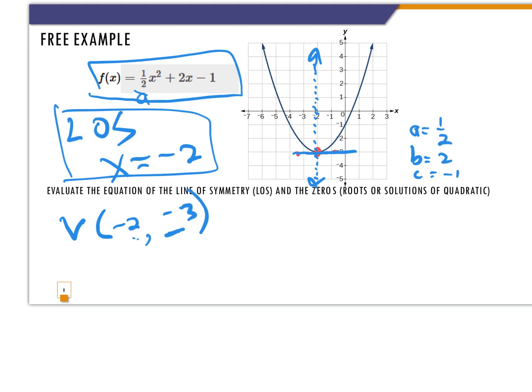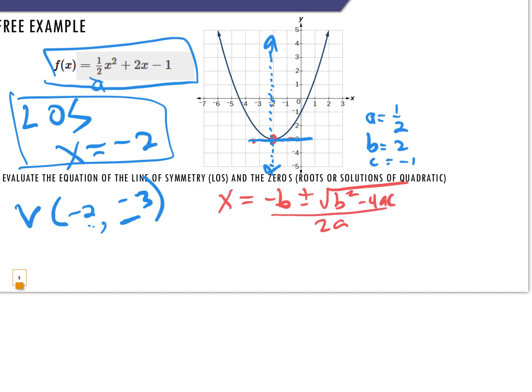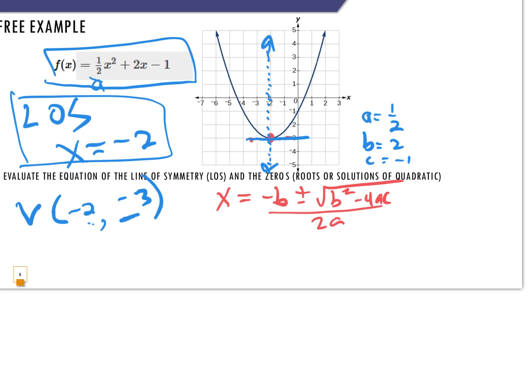To find the x's, x equals the opposite of b plus or minus the square root of b squared minus 4ac, all over 2a. So I'm going to plug everything in. This is really a complicated equation because there are 100 places to make mistakes, and I'll probably make one of them.